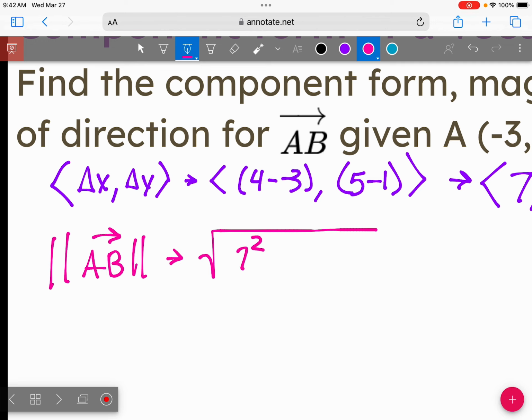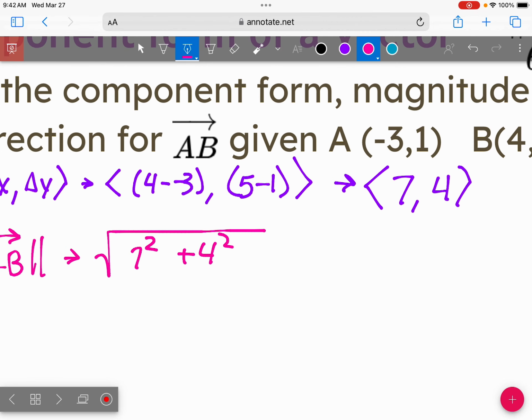So we're going to have 7 squared and 4 squared. And this is going to give us what? Square root of 65. And it doesn't simplify. That's the length of it.